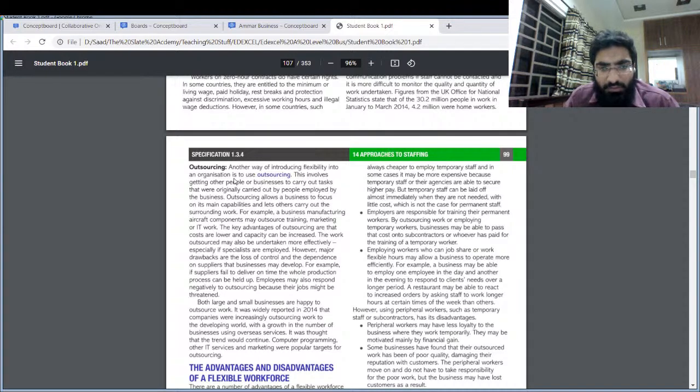Employees within the business, if the business down the road chooses to outsource some function, might react negatively as well. Whenever you outsource a function, the employees who are already working for that function would become redundant.